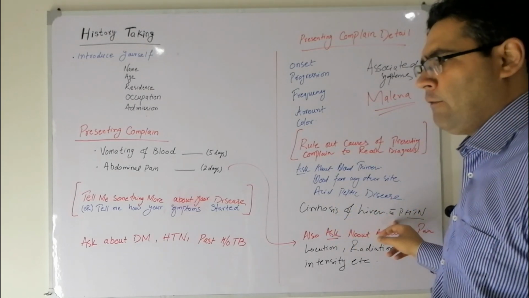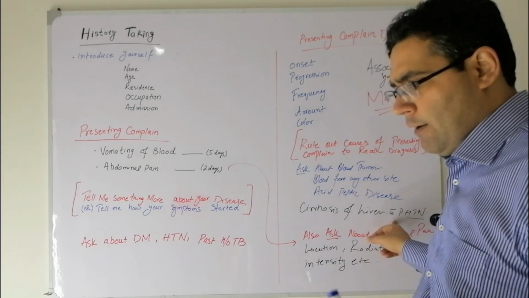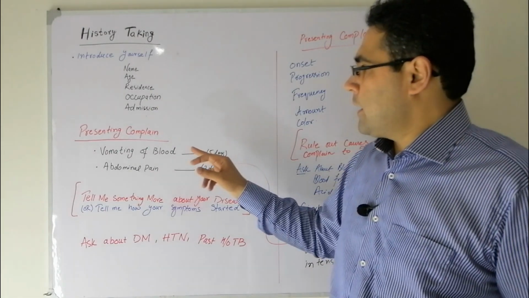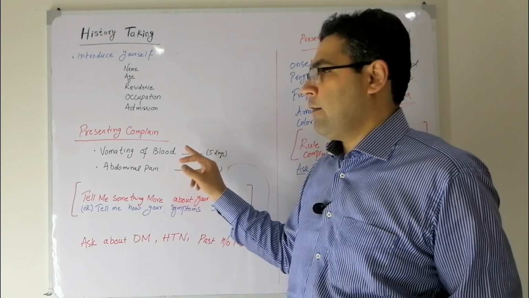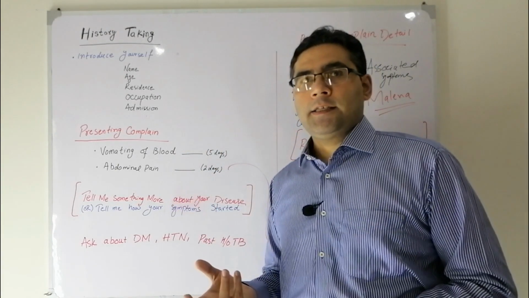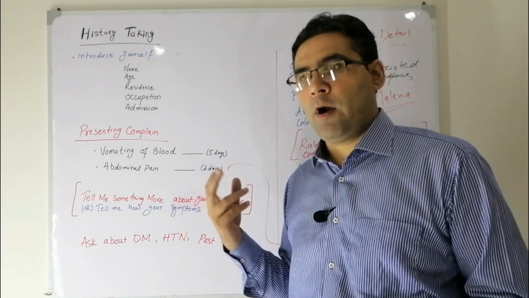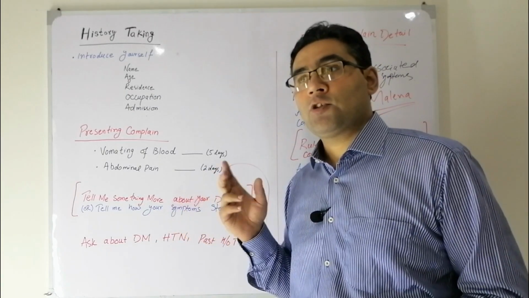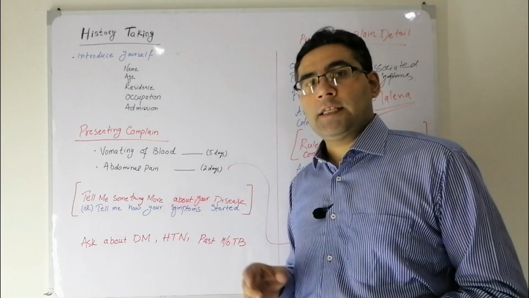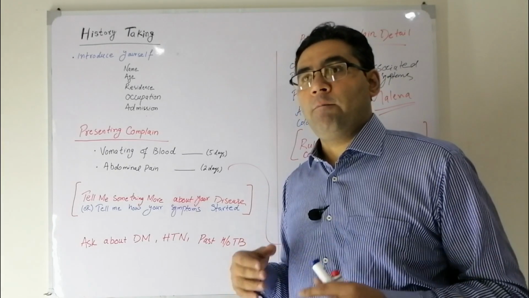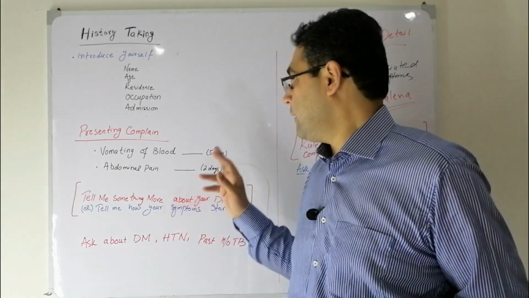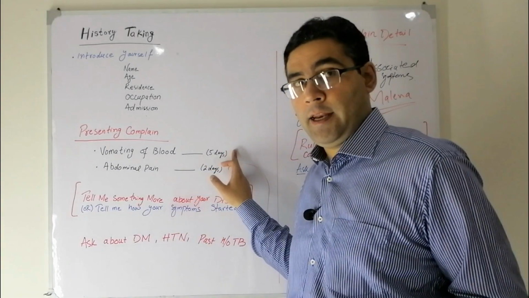One important thing I want to say: if the patient says that I have vomiting of blood, then you will also ask, is there any history of blood from any other site other than this area?